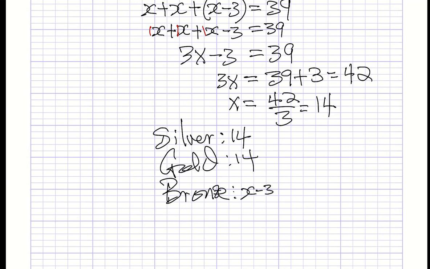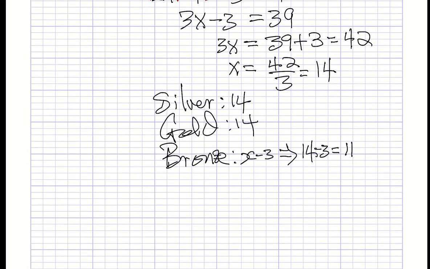If that is x minus 3, that means 14 minus 3 is equal to what? Is equal to 11, right? So that's 11 bronze medals.